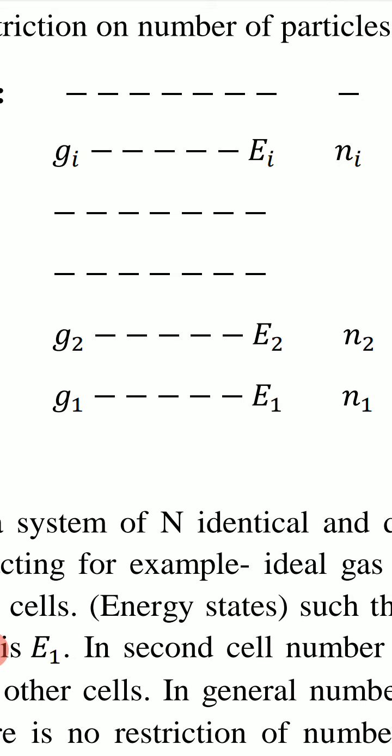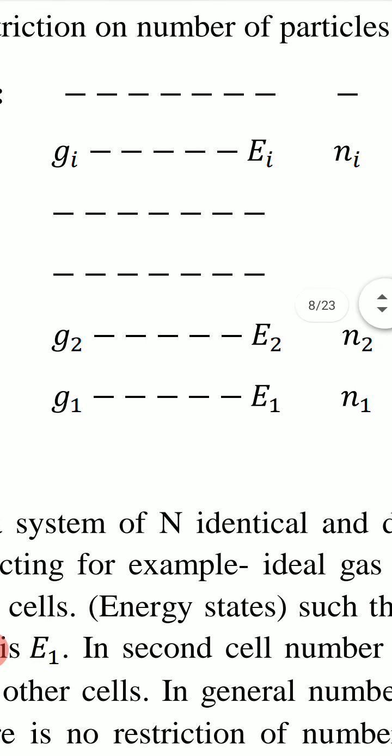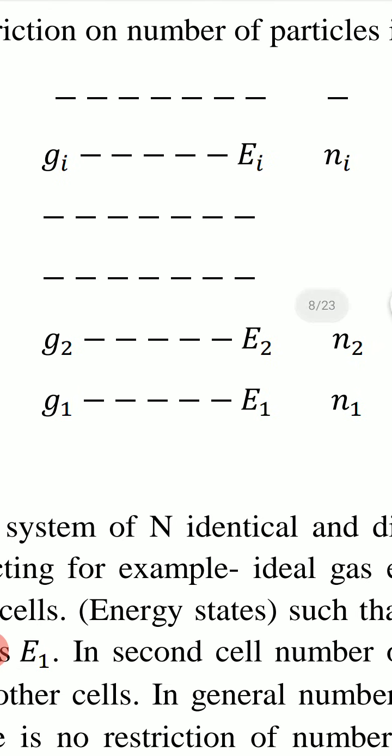These Gi levels are of same energy Ei, and Ni particles are distributed among these Gi levels, each having same energy Ei. So this Gi, which is the number of levels of same energy Ei, is known as degeneracy for energy Ei. Degeneracy means number of energy levels having same energy.